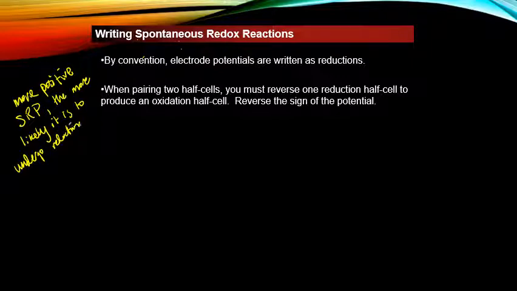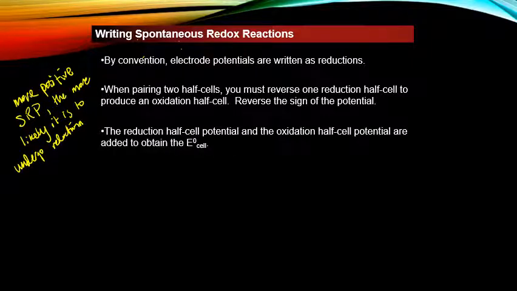So I would take and keep the more positive value as the reduction half reaction, and then I would flip the less positive or the negative reduction potential and make that the oxidation. At that point, all you have to do once you flip them is add the two together to give you the total for E cell.